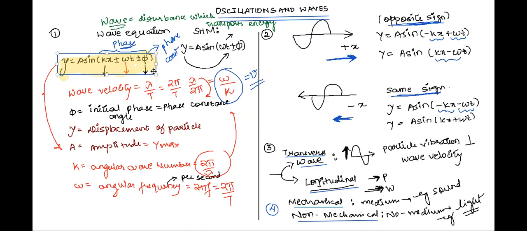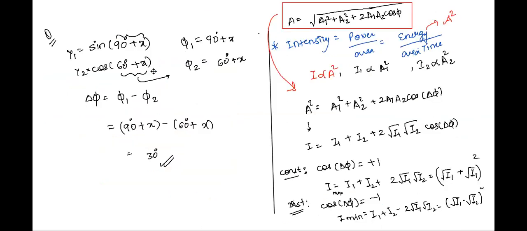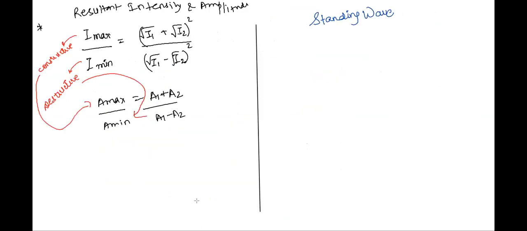Whereas when we talk about a standing wave, this is a wave which is not moving, and its general equation is given as y equal to, let's say it is formed using two waves y1 and y2. Superimposition of two waves y1 and y2. First of all, what is the condition?